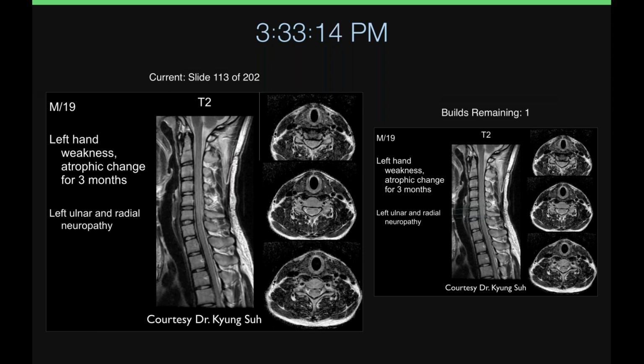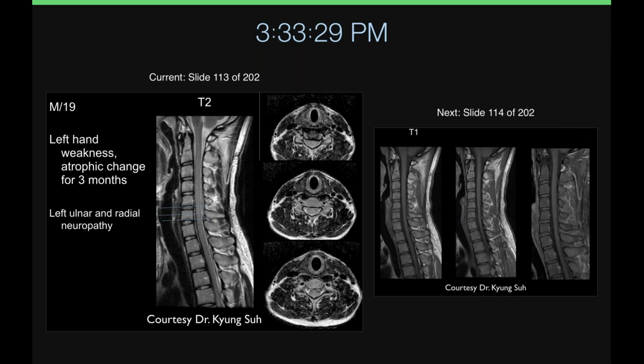Male, left hand weakness, atrophic changes for 3 months, left ulnar and radial neuropathy. Okay, the alignment looks okay. There is some abnormal cord signal at that level.